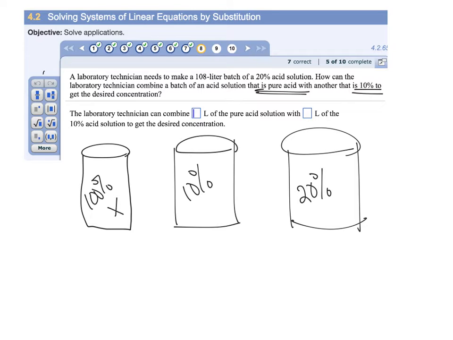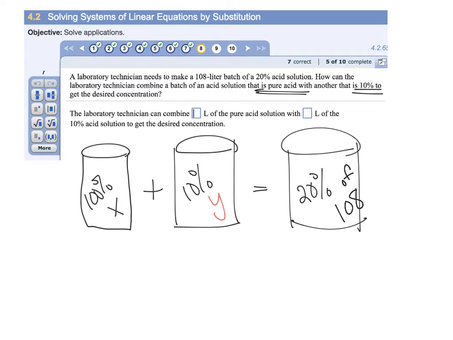And then this one is 10% of this bucket, and we're going to call that Y. And the X and the Y is the volume, how much, like liters, in this case, liters. So 100% of the X liters, and then this is 10% of the Y liters, and we're going to add these, and we want it to equal 20% acid of the 108 liters.